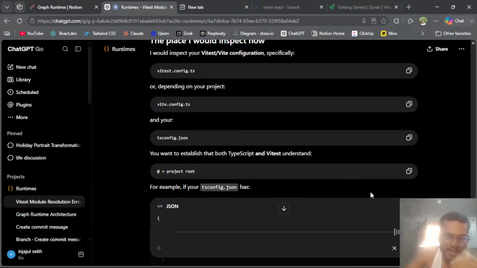First of all, I don't have a vitest config file. I do have tsconfig JSON and package JSON.